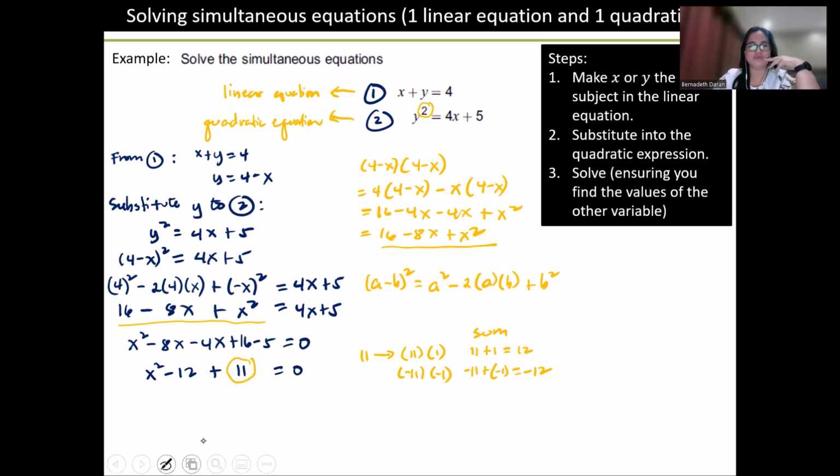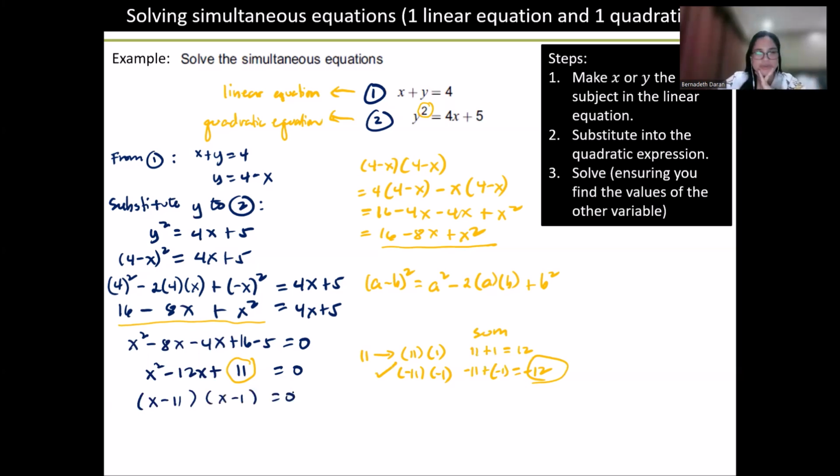Oops, that's negative 12x. Sorry, I forgot the x. That is negative 12x, and this is also negative 12x. So therefore, these are the factors that we need. So if we factor this, we have x minus 11 multiplied to x minus 1 is equal to 0.